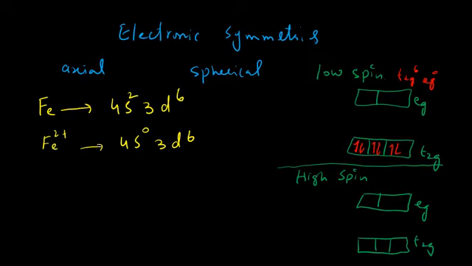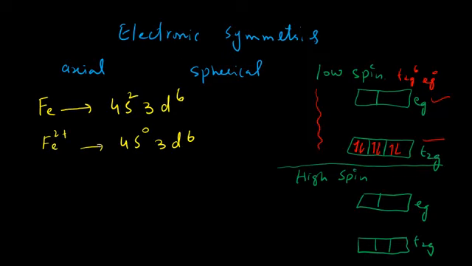Here you can see that all T2G levels are the same, and in the same way both Eg levels are also the same. How are they the same? Because both Eg levels are empty, so both Eg levels are the same, and all three T2G levels are also the same.